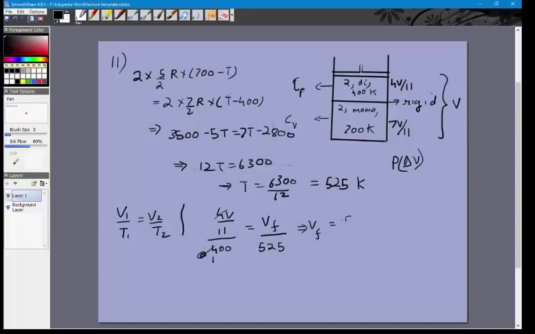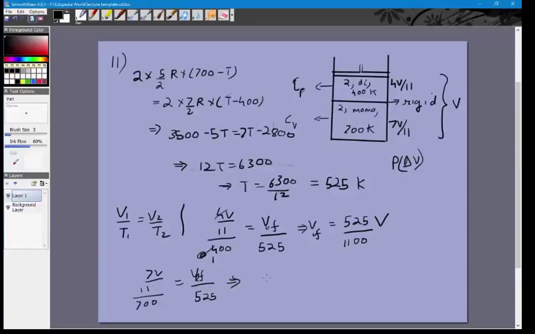So VF is 525 by 1100 V. Okay. Similarly, 7V by 11 by 700 is equal to VF for the second one. So this is V upper final and this is V lower final divided by 525. So we get the same thing final.